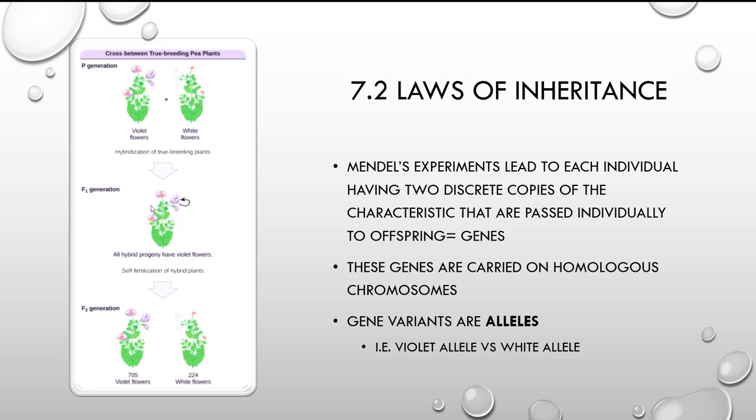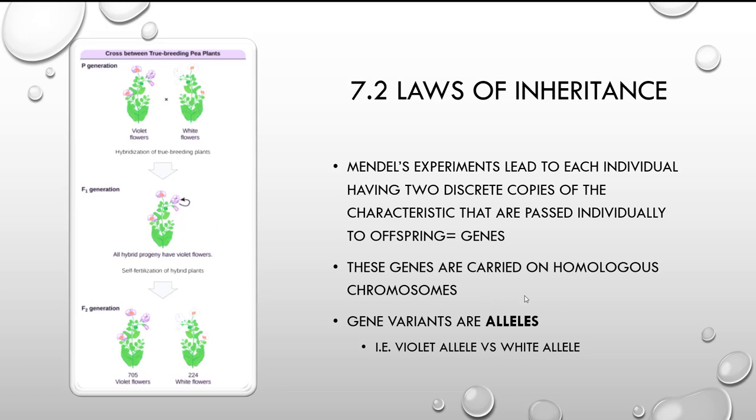So the F1 generation in this case has two different alleles, a violet allele and a white allele, whereas this violet flower parent plant has two violet alleles, and this white flower plant has two white alleles.